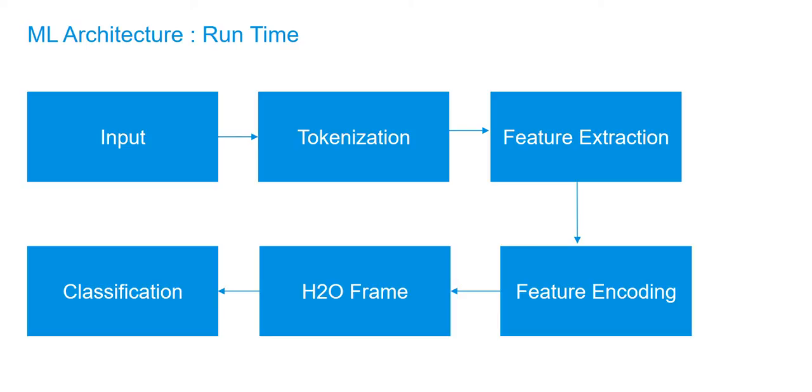So this H2O frame at one go will have around 10 lakh rows, one row corresponding to each token, which stores the encoded feature set for every token. And once that is done, it is fed to the trained machine learning algorithm, which has all the optimized weights, and hence we get the class of the respective token.